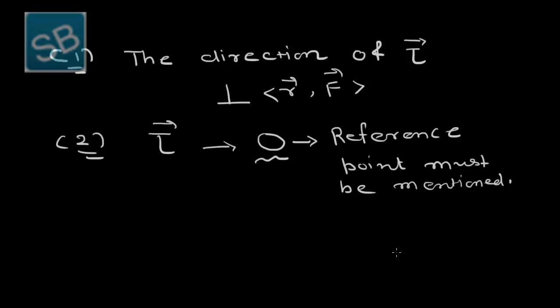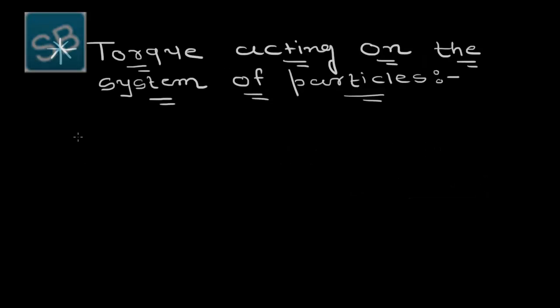Now we will see the torque acting on a system of particles, because here we have considered only a single particle. But now let us see the observation in which the torque is acting on the system. Here we will discuss the torque acting on a system of particles.